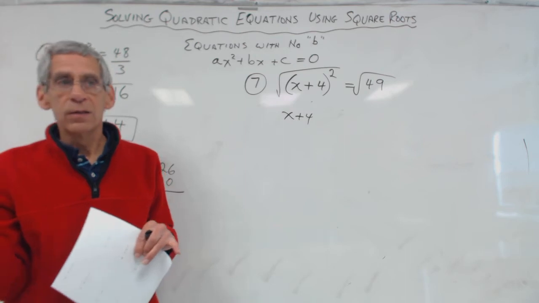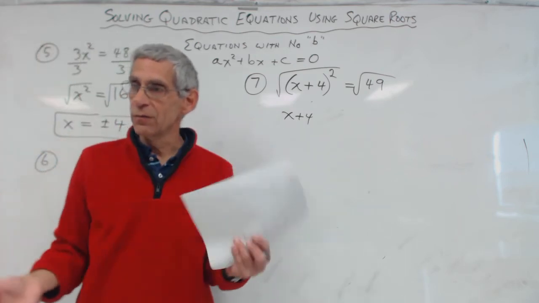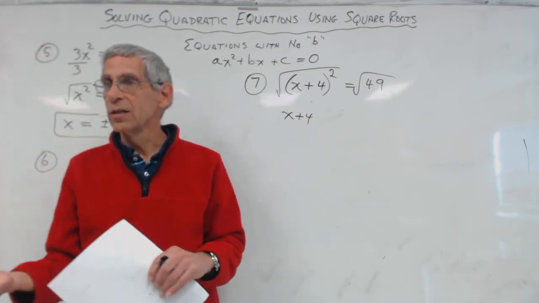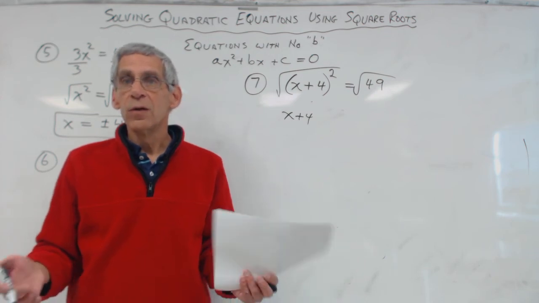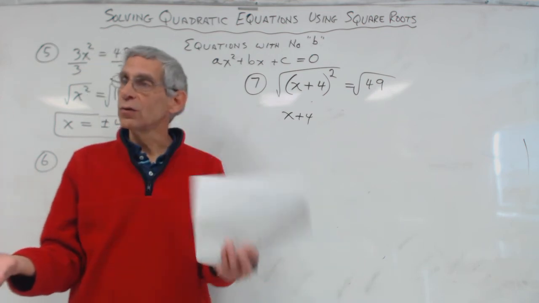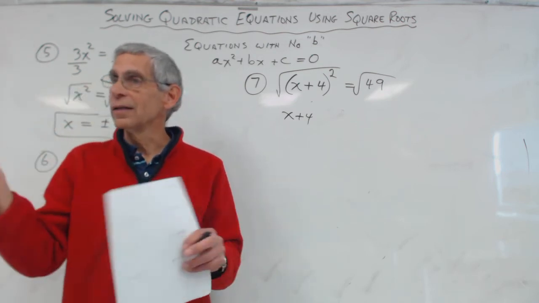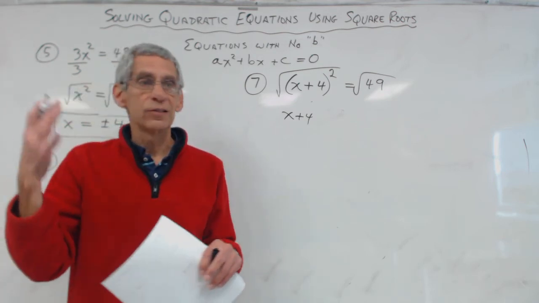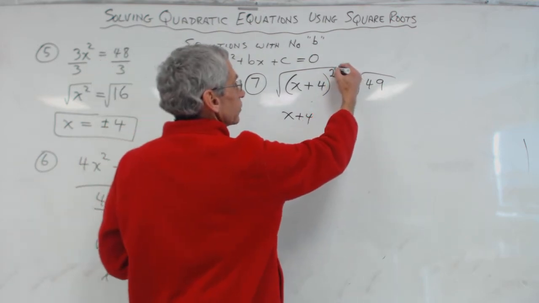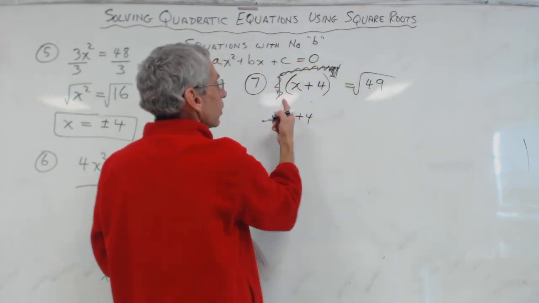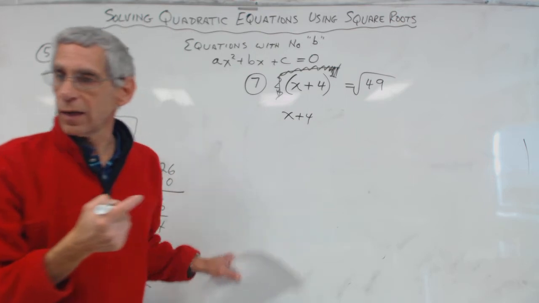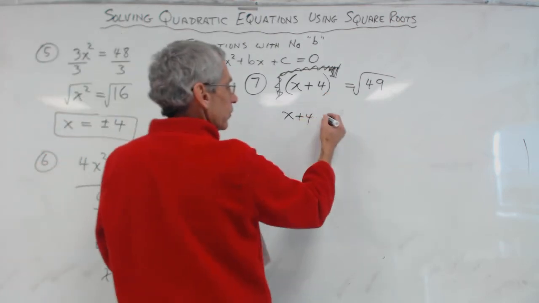Like, you know how division is the opposite of multiplication, and addition is the opposite of subtraction? Well, squares and square roots are opposite. So if you have something being squared and you square root it, the square root and the square just disappear. All you have left is that. Okay? And then what do I have over here?